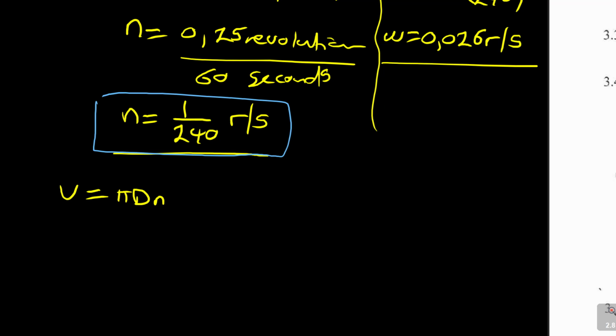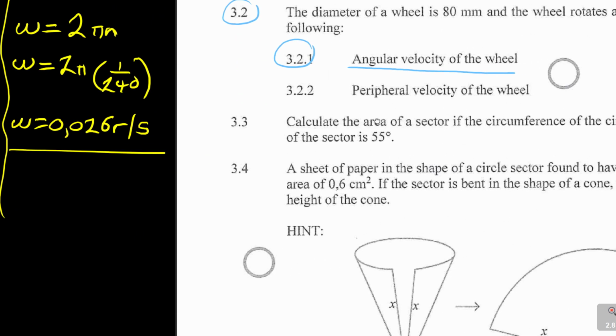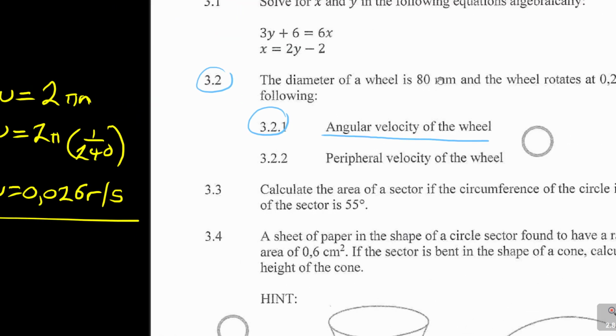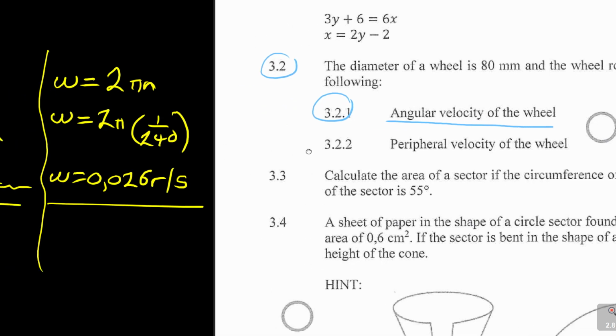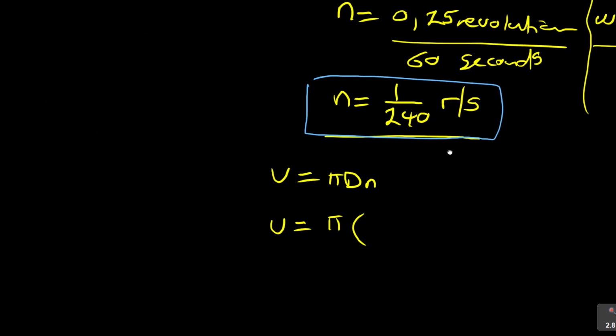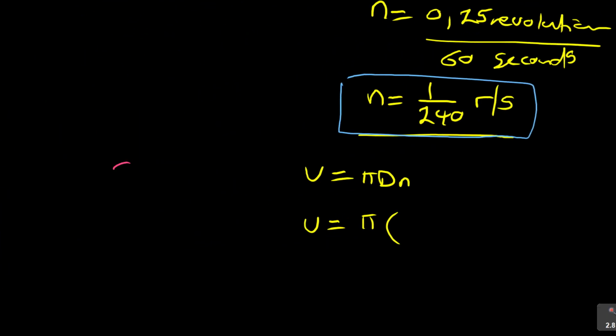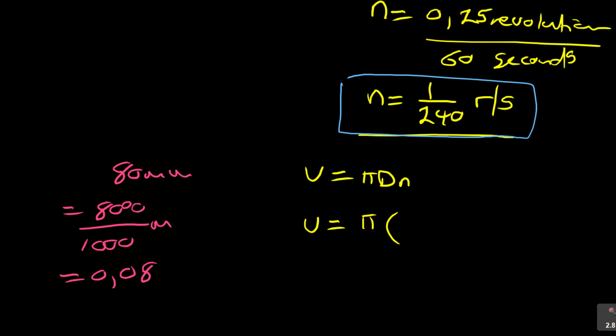Alright, so V is equal to pi. Now d, there's something interesting with our d. They gave us d as 80 millimeters, but you must convert 80 millimeters to meters. So you can say in advance 80 millimeters is equal to 80 over 1000 meters, which is equal to 0.08 meters.